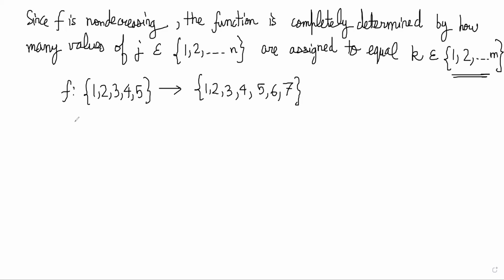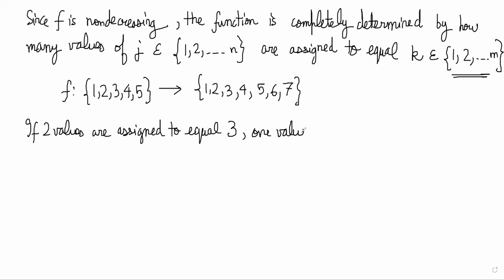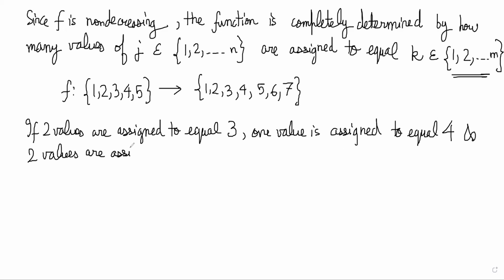Now we have to say if two values are assigned to equal 3, one value is assigned to equal 4, and two values are assigned to equal 7.